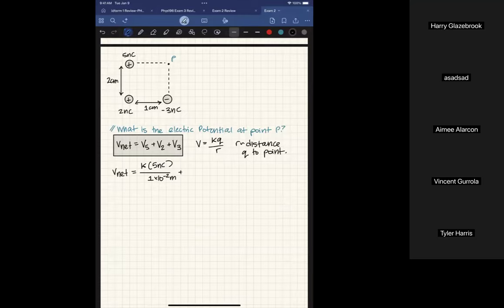The potential for my 2 nanocoulomb particle is K. My charge is 2 nanocoulombs. And then again, the distance is from my charge to my point of interest. So it's going to be this one right here.